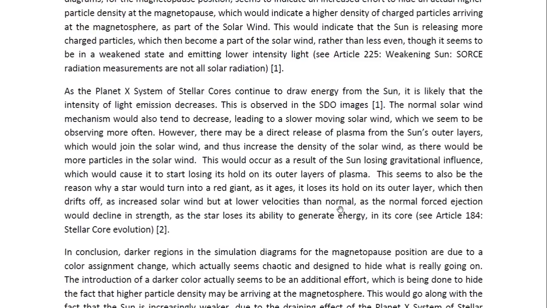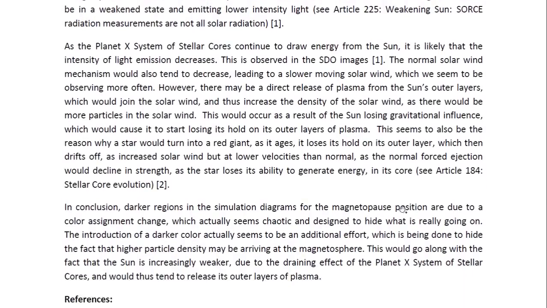It loses its hold on its outer layer, which then drifts off as increased solar wind, but at lower velocities than normal, as the normal forced ejection would decline in strength as the star loses its ability to generate energy in its core. And you may look at Article 184 entitled Stellar Core Evolution for more details on that.